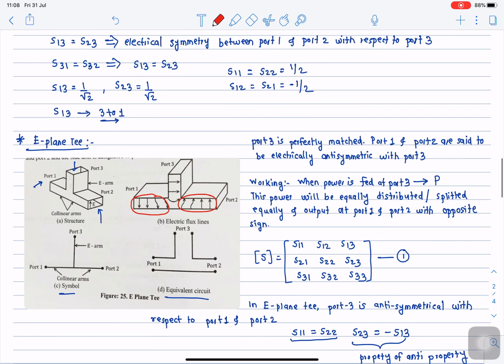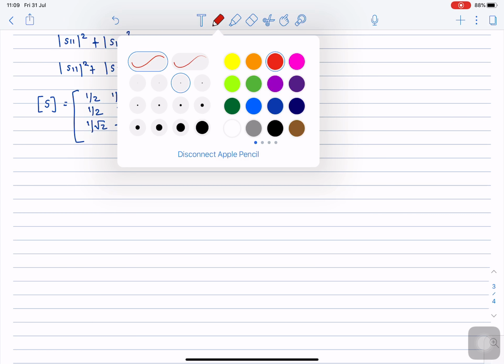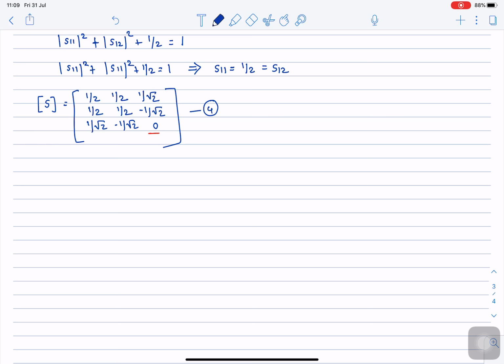Here let us start studying the 4-port device. I will write over here, 4-port device.